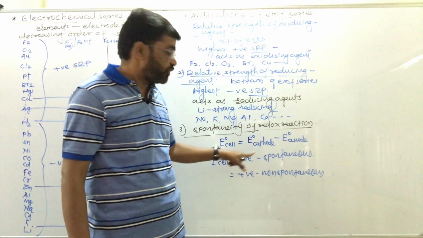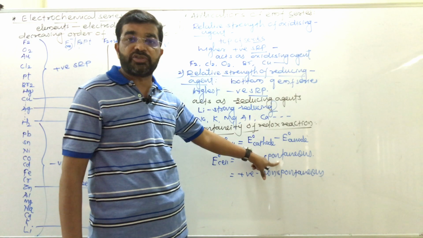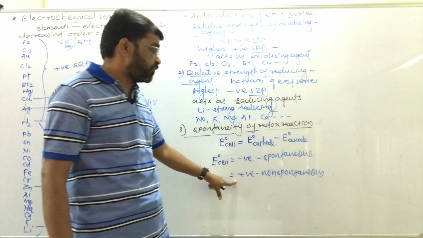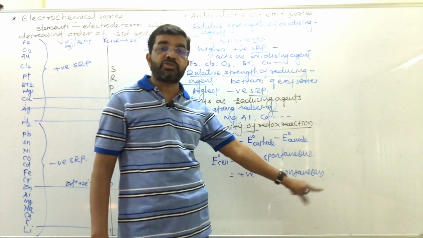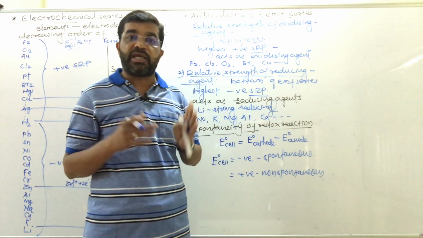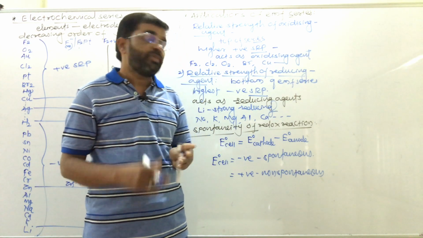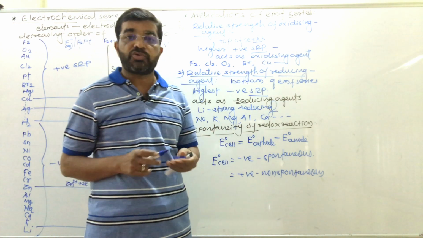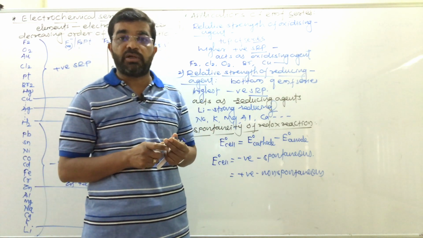If it is negative, then a spontaneous redox reaction may take place, and if it is positive, a non-spontaneous redox reaction takes place. So the spontaneity of a redox reaction can be determined from the EMF series or electrochemical series.